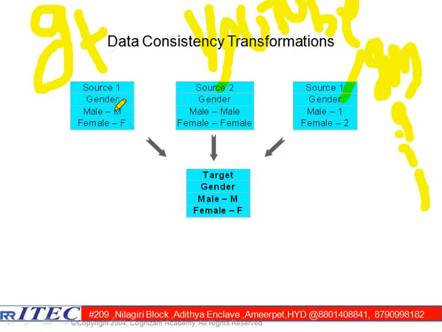We are trying to convert whatever is available, M and F, male and female, 1 and 2, into one format, that is M and F format. That is called consistency. They used to ask one question in the interview also: what is the consistency percentage you have? That means what, sir? Average percentage or one type of percentage.